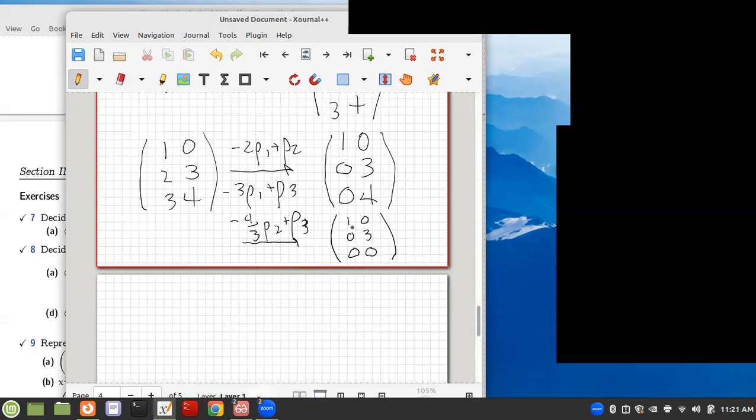Now, the claim is that once it's in echelon form, the rows are linearly independent, and the non-zero rows form a basis of the row space of the transpose. So we can see that 1, 0 and 0, 3 are linearly independent. So what we do is we transpose back.